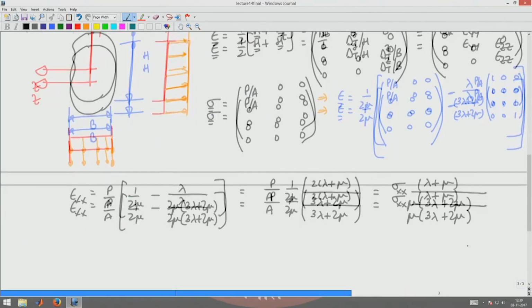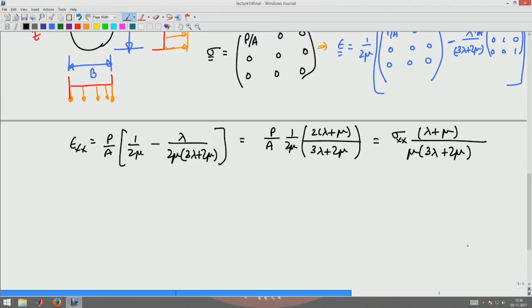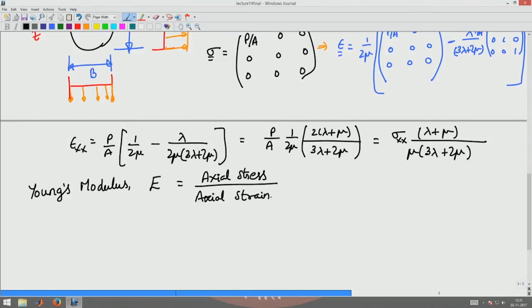Okay. Now, I define the first moduli, Young's modulus, which is denoted by E for our purposes here, as the ratio of axial stress by the axial strain, that is, the axis along which the stress is applied divided by the strain developed along the same axis.